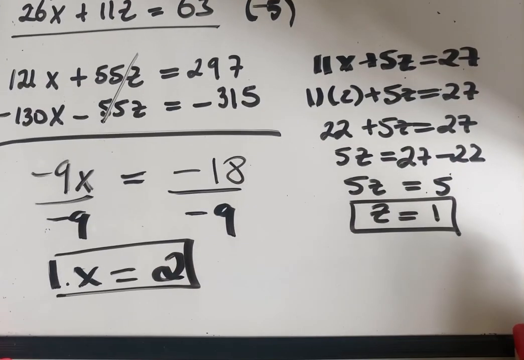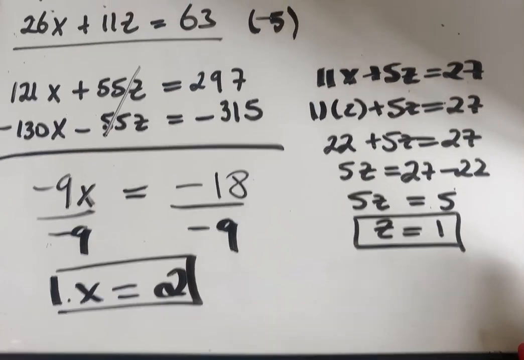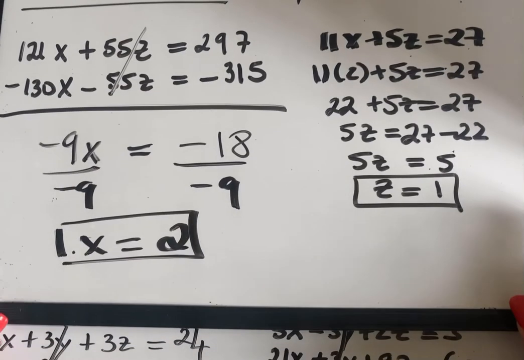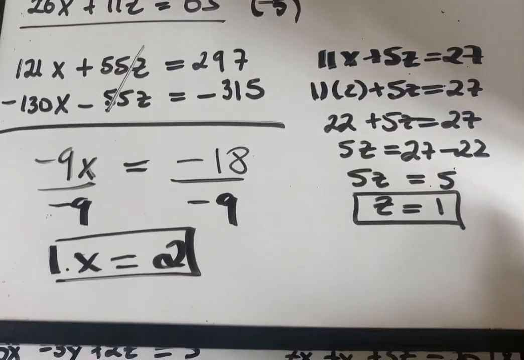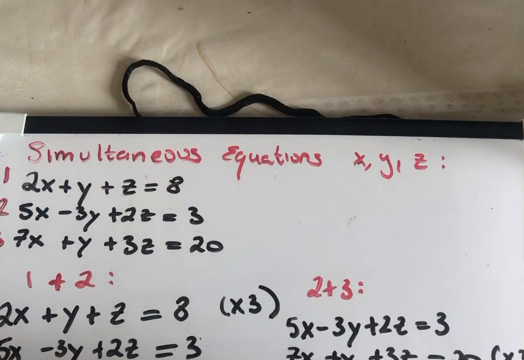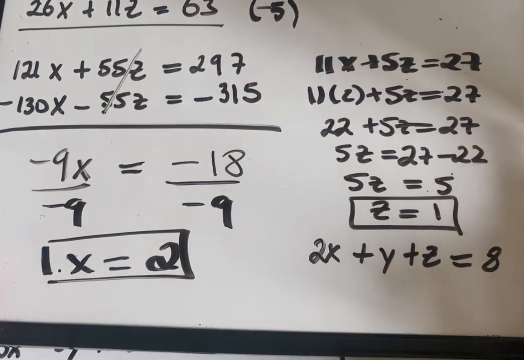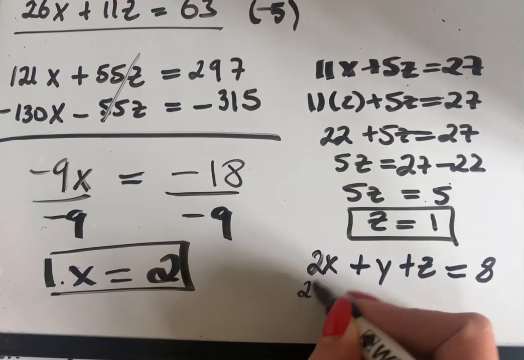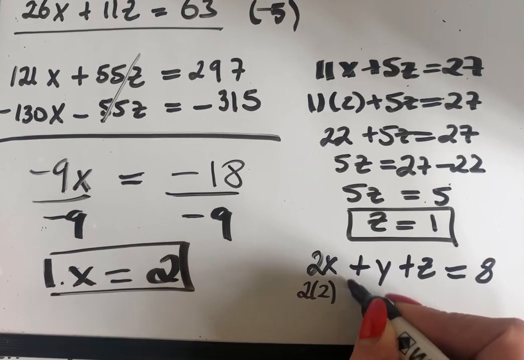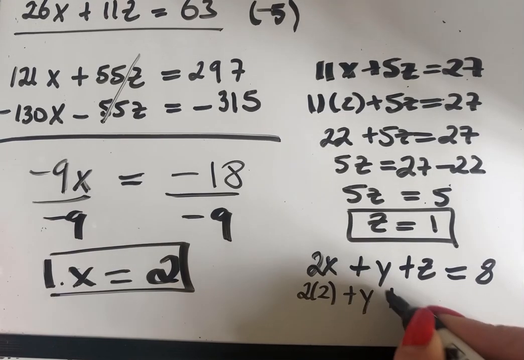And now we have to try and find a value for our y. So let's, bear with me for a second, let's get one of the original equations. So let's take the first one, 2x plus y plus z, I'm just writing this down here on my whiteboard, equals 8. So here we go. Now let's put our values in. So we have 2 by 2, y we're looking to try and find, and 1 is z.